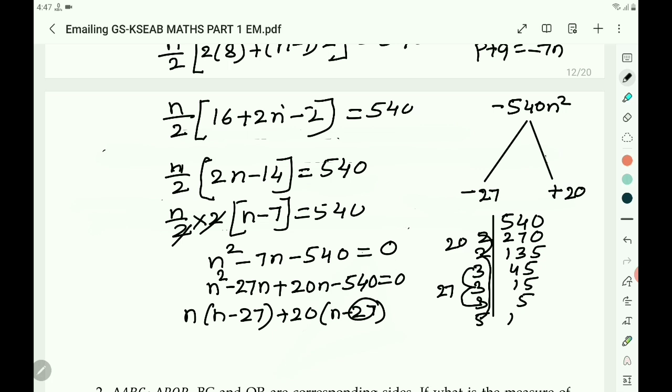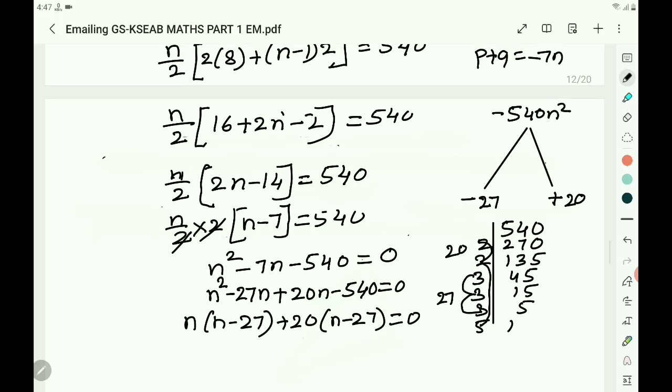Here 27 into 20 is 540 equals 0. Then the first factor n minus 27 is common, so n minus 27 into n plus 20 equals 0.